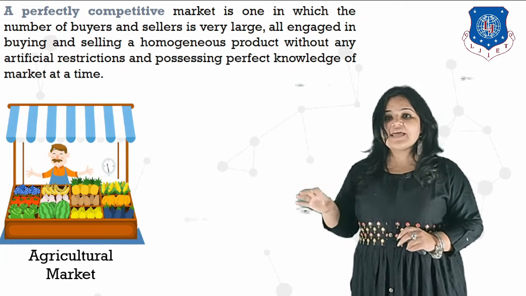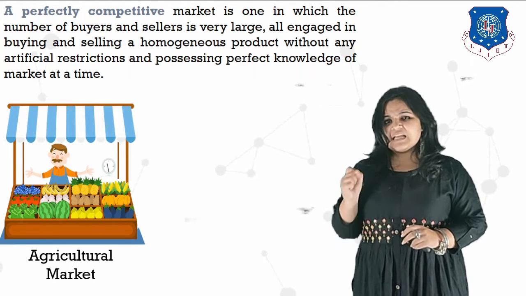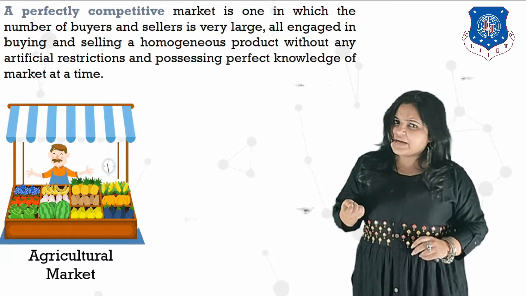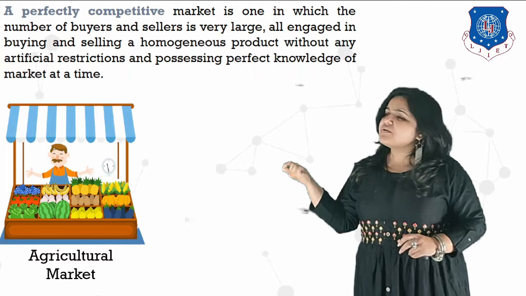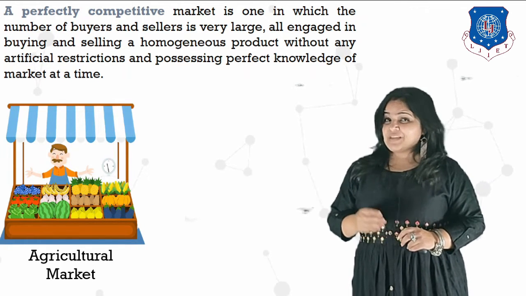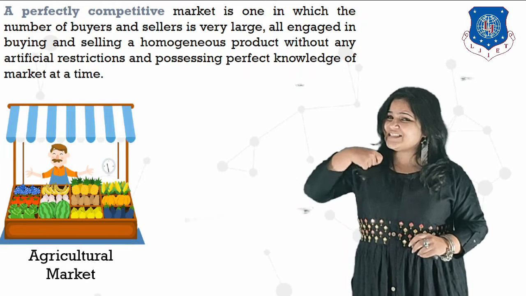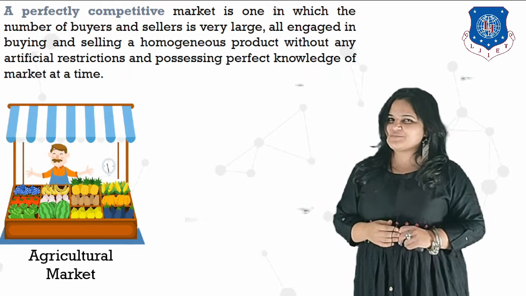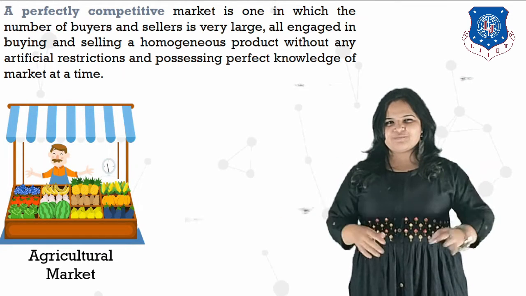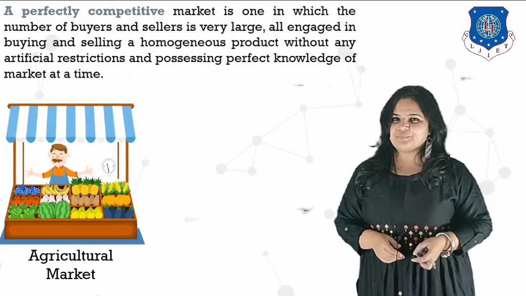Then it is known as a large number. A single seller or a single buyer is so minute or so ineffective that a single person not buying vegetables will not affect the vegetable market. A single seller not selling vegetables will not affect the vegetable market. The market survives on its own because there are a large number of people involved in it.